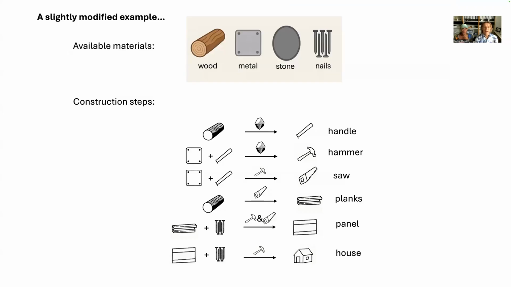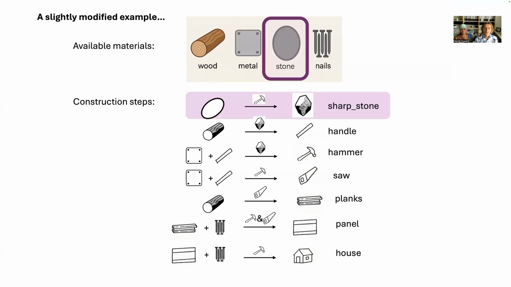Now we're going to modify our toy example slightly. So rather than having sharp stones as available material, let's pretend that we just have stones available as a material. So before we can go through the construction steps, we need to take a stone and create a sharp stone using a hammer. Notice, however, that the hammer is not available until later in this process.